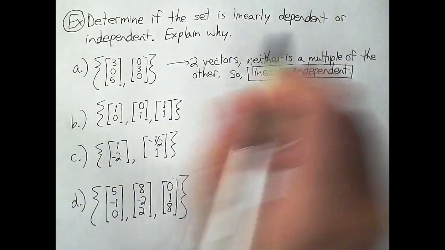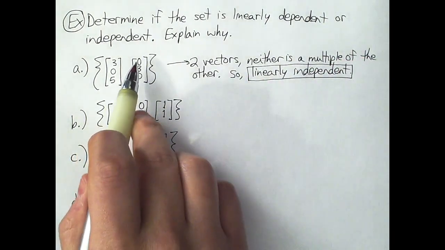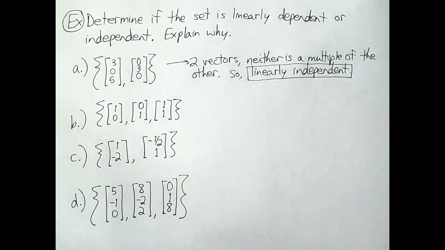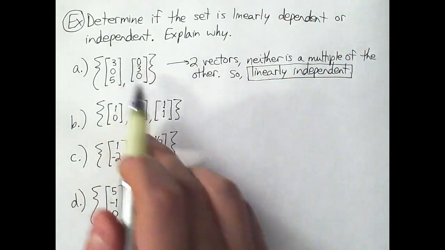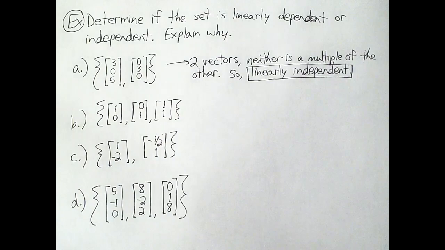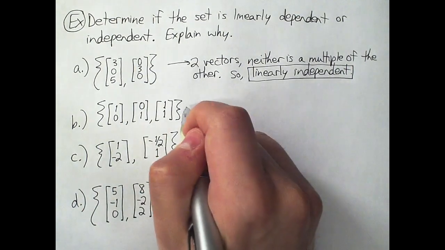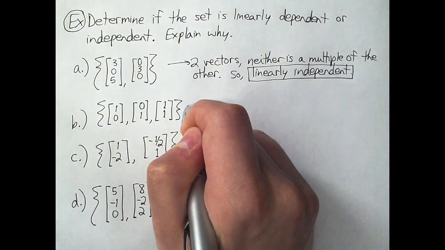I think we can tell by observation that neither of these is going to be a multiple of the other because of where the zeros are. Or, you know, set up an augmented matrix, solve the system, and see if you get non-trivial solutions or not. For the next one, oh, you know what?